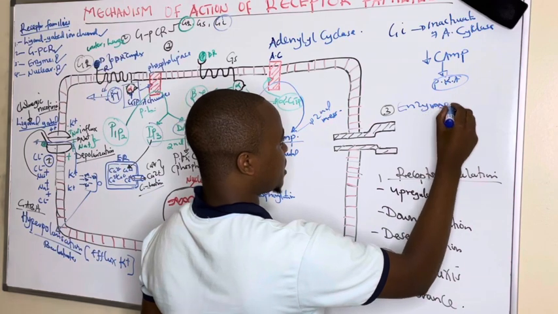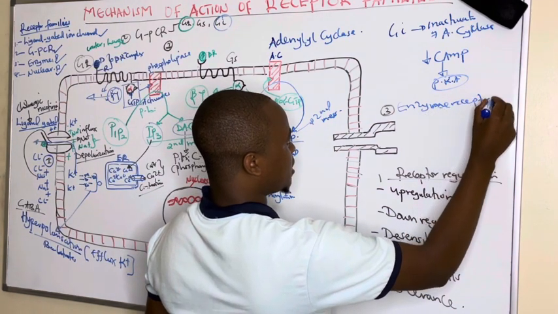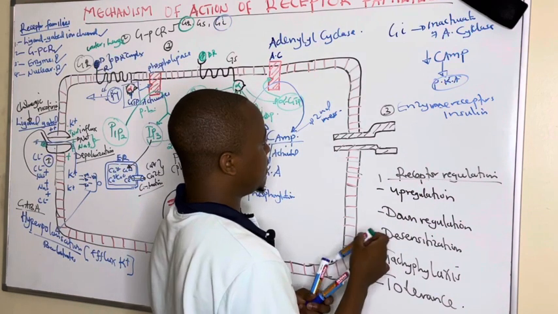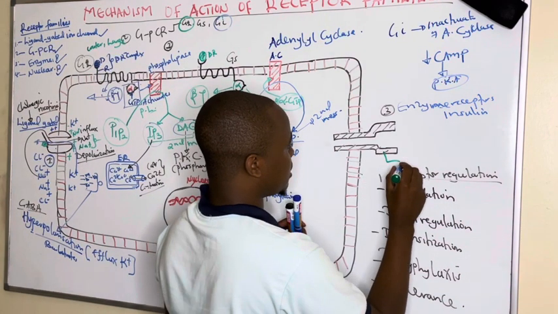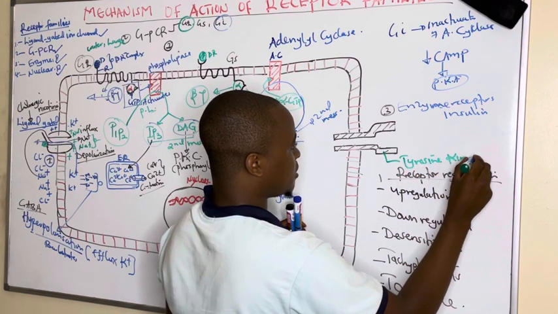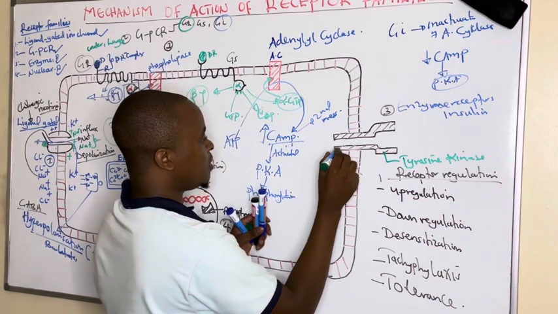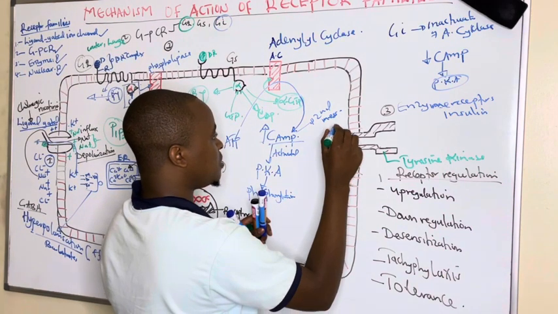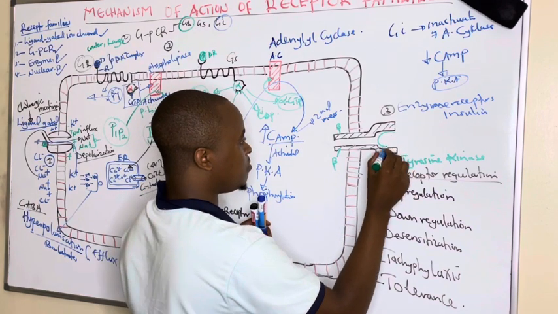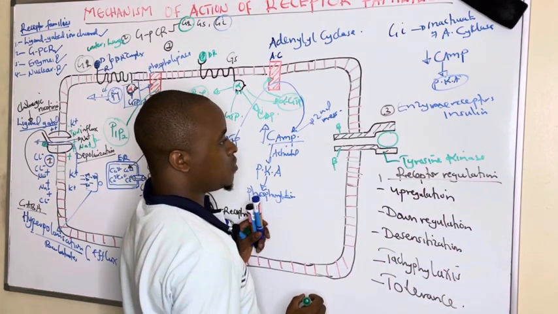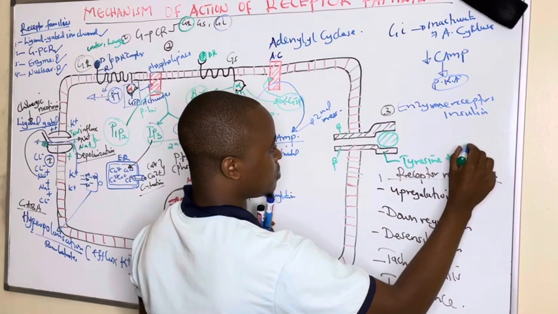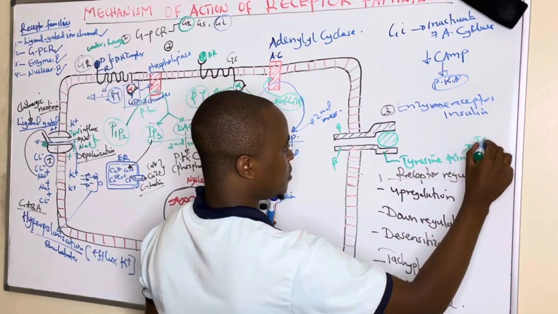For these enzyme receptors, a peculiar example is insulin, which uses this tyrosine kinase. This tyrosine kinase has the alpha and the beta subunit. When insulin comes and binds on this tyrosine kinase, it works via what we call JAK-STAT, Janus kinases.